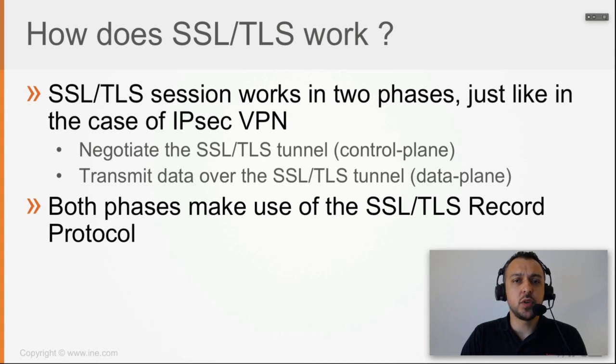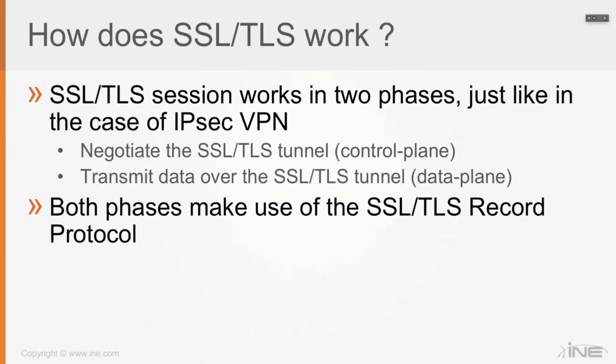So between layer 3, layer 4 and the application layer, if you want to secure a TCP session of type FTP, LDAP or SMTP, then we had to come up with something in between those layers to bring in security. That's done through the record protocol, and both SSL and TLS make use of that protocol.